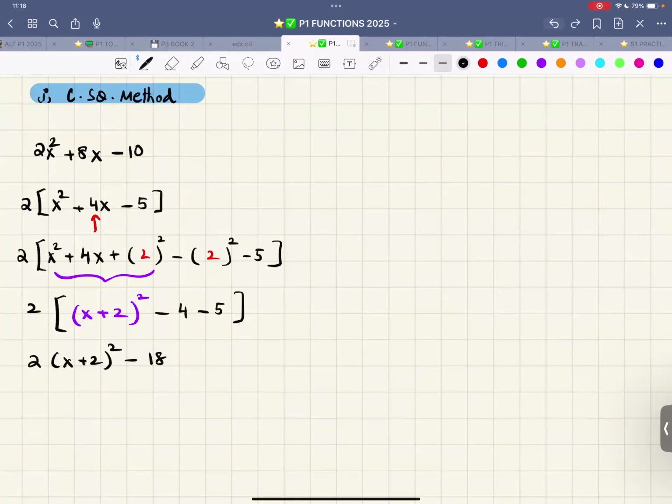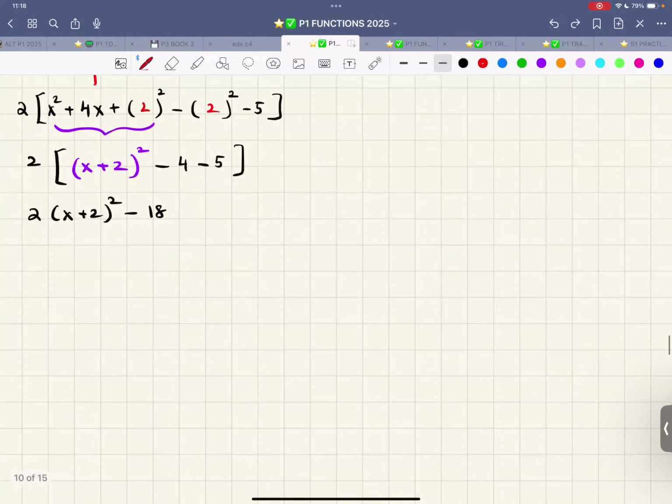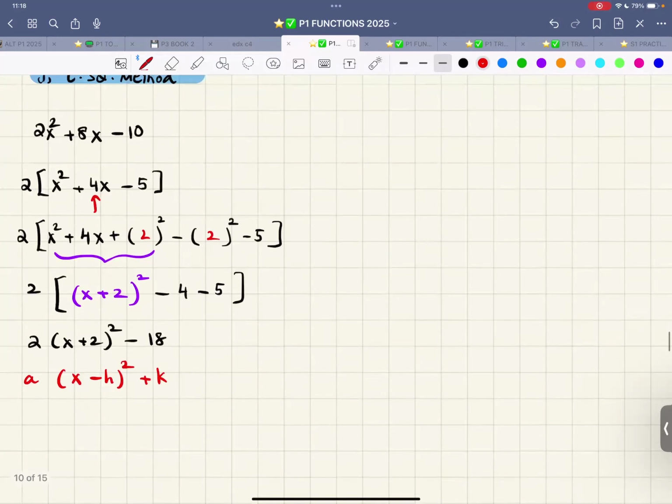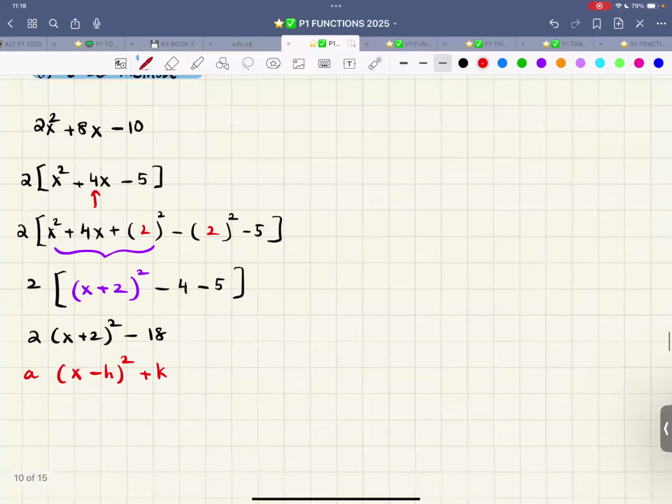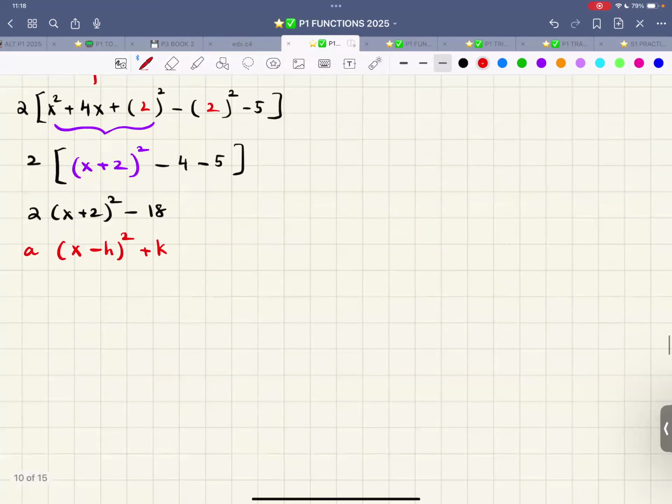Let me just write over here underneath it. This is a times x minus h whole square plus k, because it's a question of quadratics. So when I compare the coefficients, this is extra. So a is 2, h is -2, and k is -18.